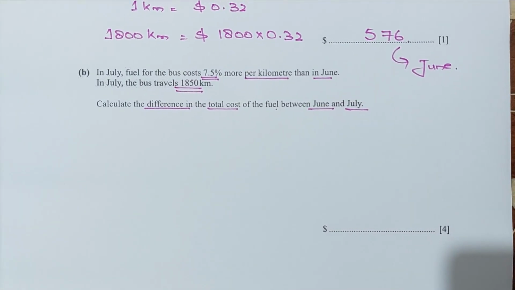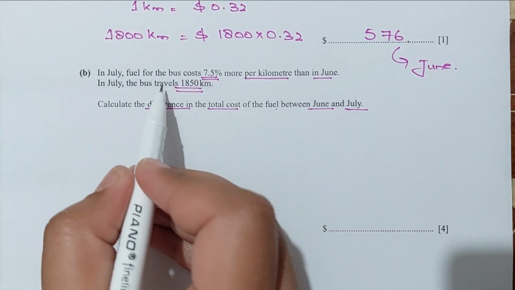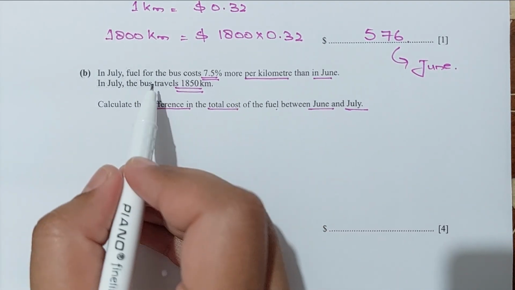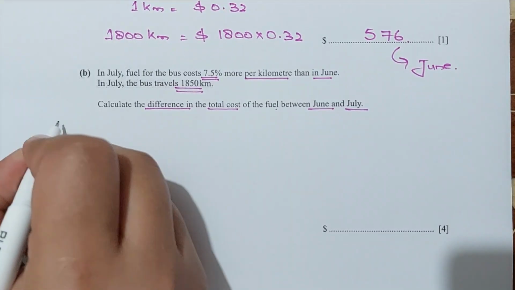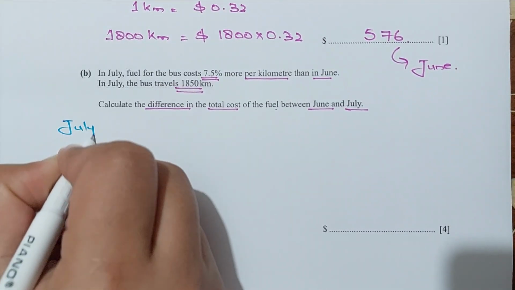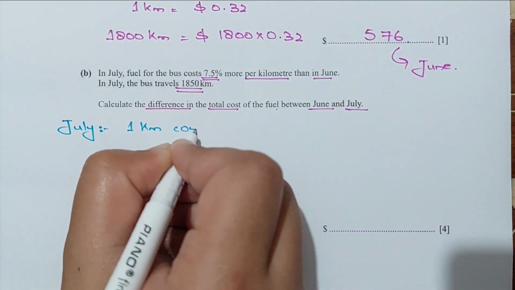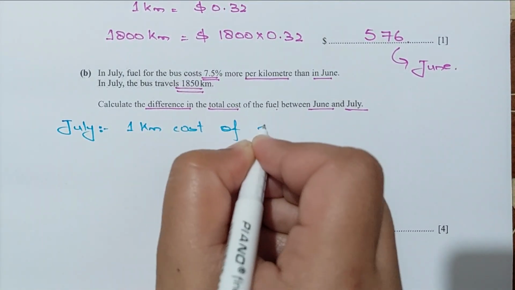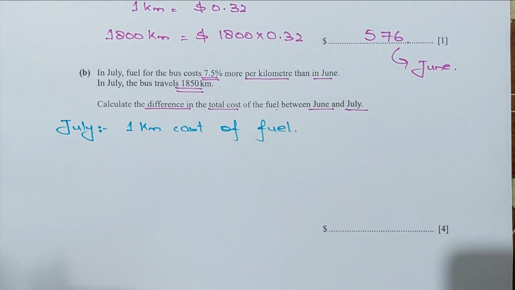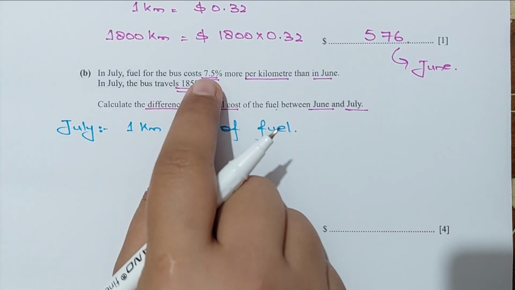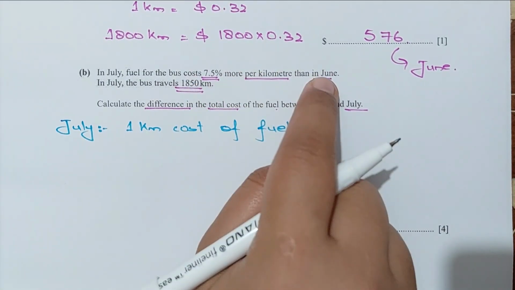So first we have to find the cost of fuel per kilometer in July, right? So for July, 1 kilometer cost of fuel. Okay, this is 7.5% more than June.